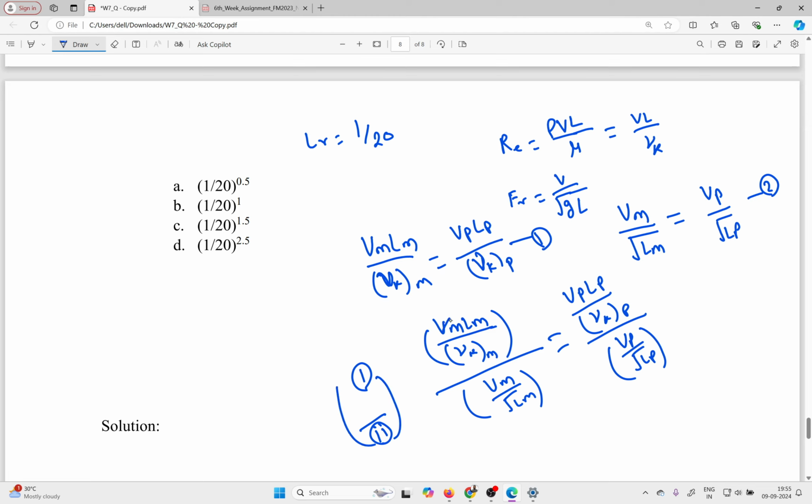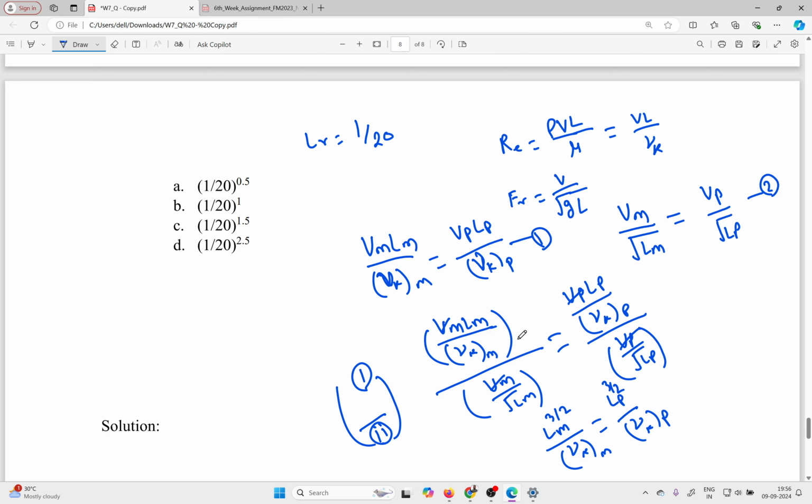So V and V cancel out, and Lm goes to this side, so Lm to the power 3 by 2 divided by nu Km. Similarly here, Vp and Vp cancel out, and your Lp to the power 3 by 2 divided by nu Kp.